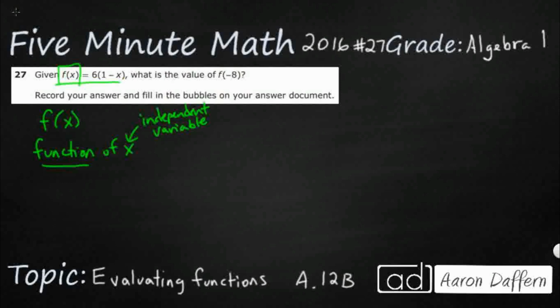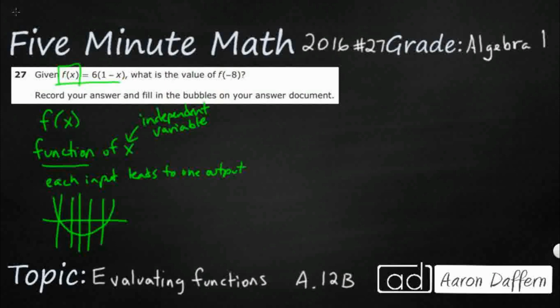Functions are mathematical relationships where each input, remember the inputs are your independent variable, leads to only one output. So what you can't have is one x value getting you two separate y values when you evaluate it. So when we see a graph, right, we like to use the vertical line test. If you can draw vertical lines and it only touches the graph once, then you're good to go, because it means that each x leads to only one y.